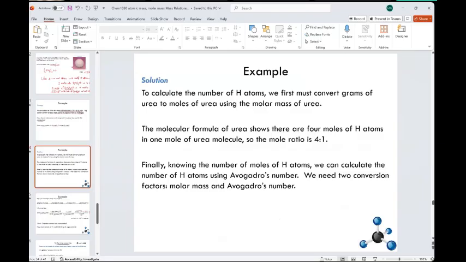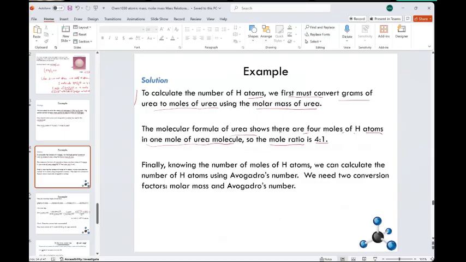To calculate the number of hydrogen atoms, we first must convert grams of urea to moles of urea using the molar mass of urea. This part we already learned, right? The molecular formula of urea shows there are 4 moles of hydrogen atoms in 1 mole of urea molecule. So the mole ratio is 4:1.